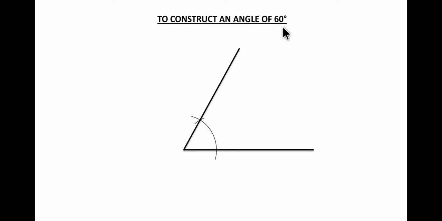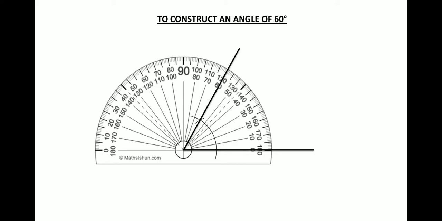But before we move on, confirming that this is the required angle, we will take our protractor and put this protractor on top of this figure this way. See, the protractor has a small cross over here in the middle. That cross needs to fit on top of the vertex, and the line over here should coincide with the base of the angle.